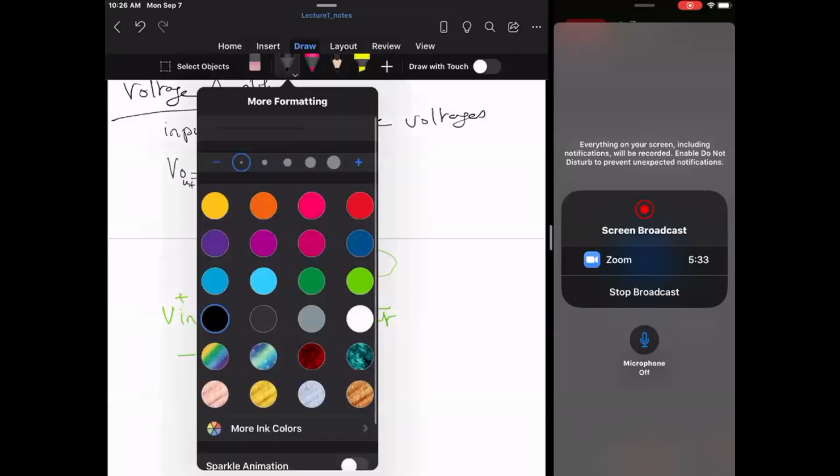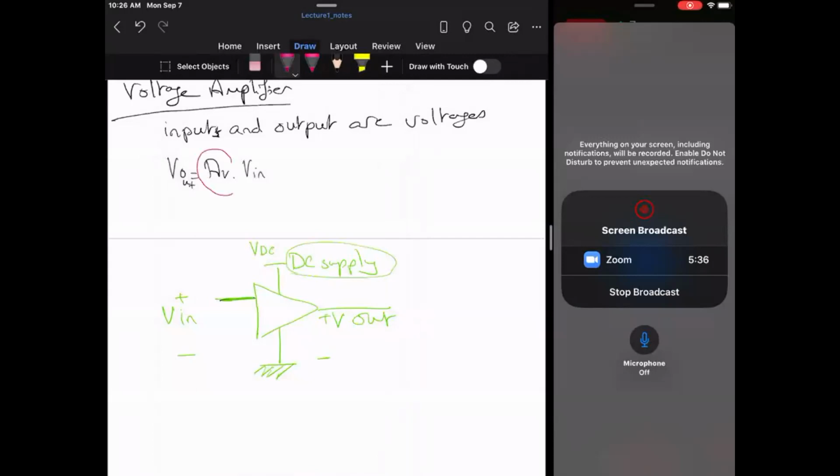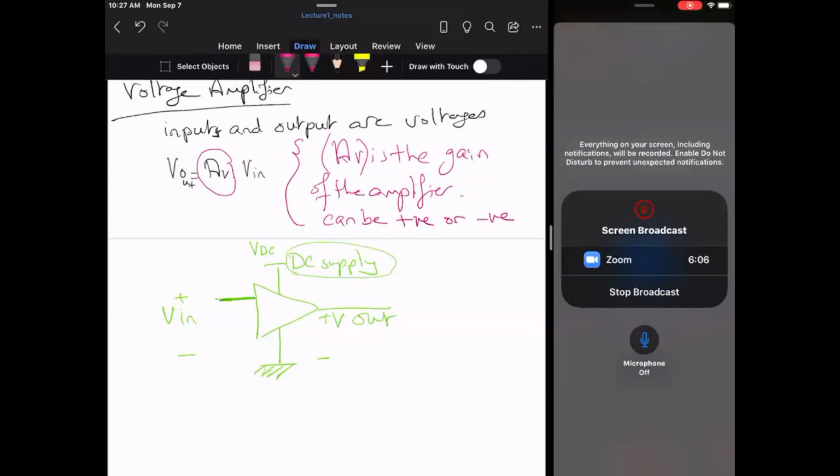And so basically this AV is the gain of the amplifier, and the gain of the amplifier can be positive or negative. So the gain can be positive or negative. I can have positive gain or negative gain.